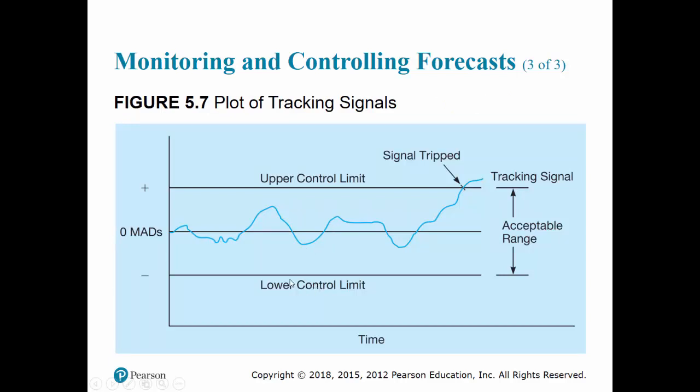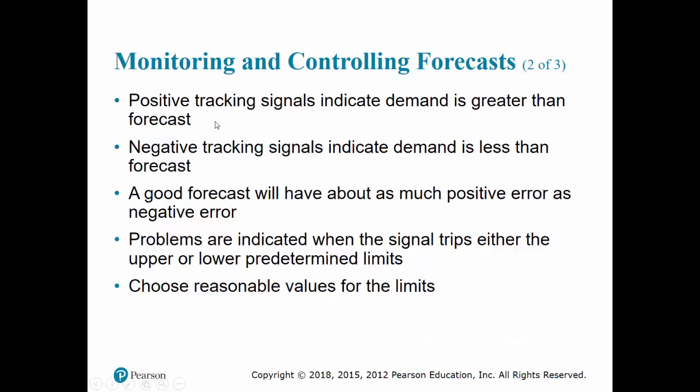So you have control limits. That's the acceptable range. As long as it is in this range, you leave it alone. But if the tracking signal goes beyond the acceptable range, on either side, then that is the time for intervention. A positive tracking signal indicates demand is greater than forecast, so you're under forecasting.